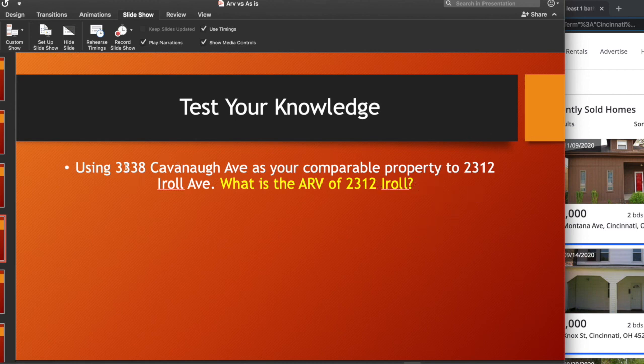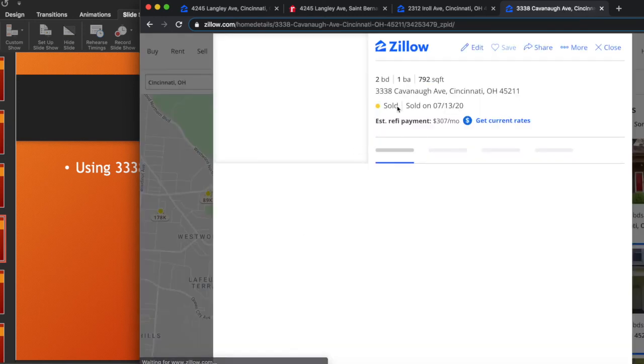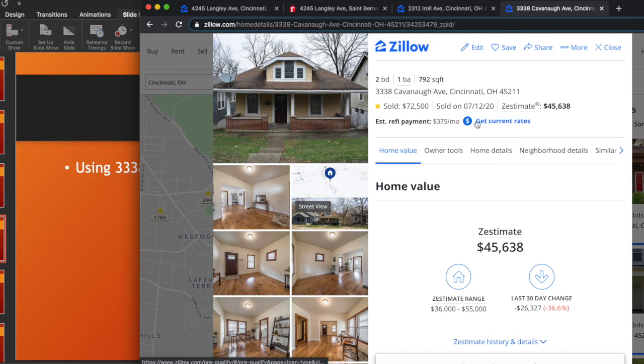All right, so 3338 Kavanaugh Avenue is the comparable property. Let's look. On the map, we see that our Iro property is right here, 2-bed, 1-bath, 988 square feet. And our comparable property is right here, 3338 Kavanaugh, 2-bed, 1-bath, 792 square feet.